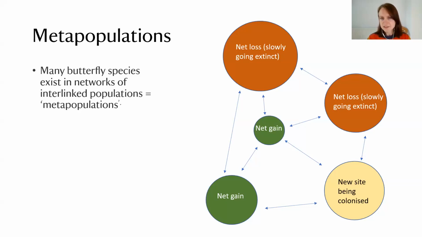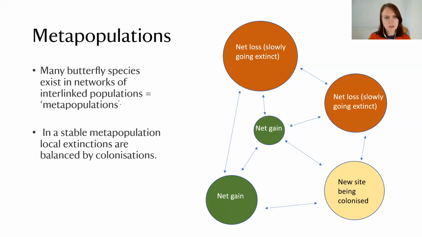So that's illustrated by that diagram on the right. You can imagine that each of those is a discrete little mini population of butterflies. And there's movement between those different small populations within an area. So in a stable metapopulation, some of these little populations might be going extinct, just through natural processes, nothing in particular to worry about, because often they're balanced by colonizations.